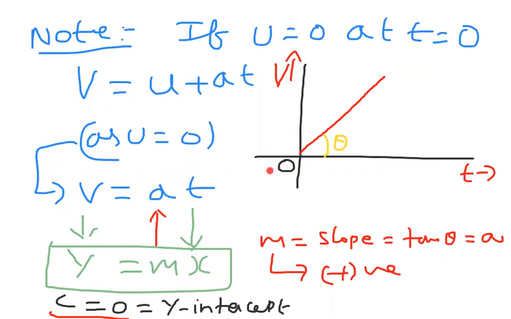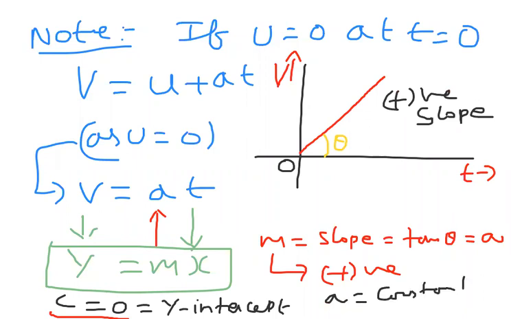This indicates a positive slope. a is constant. Here we are discussing constant acceleration. A straight line indicates constant slope, so a is constant. Next page.